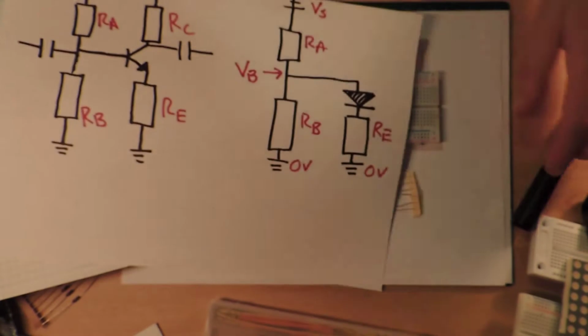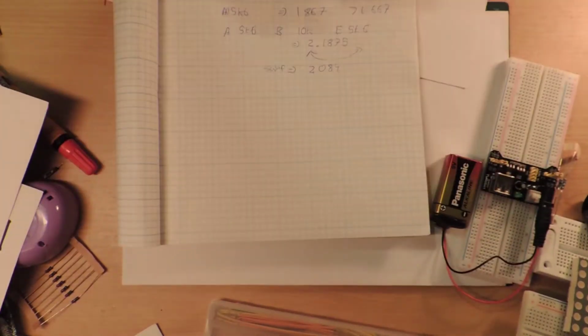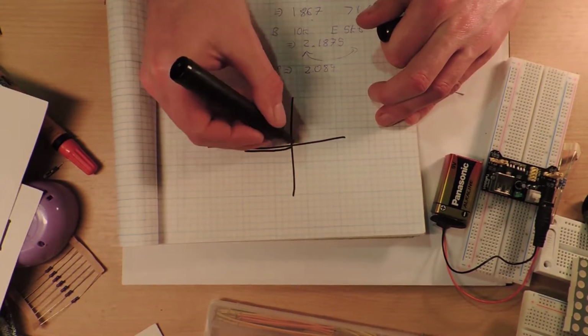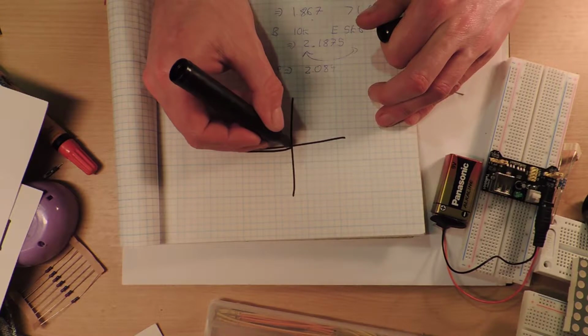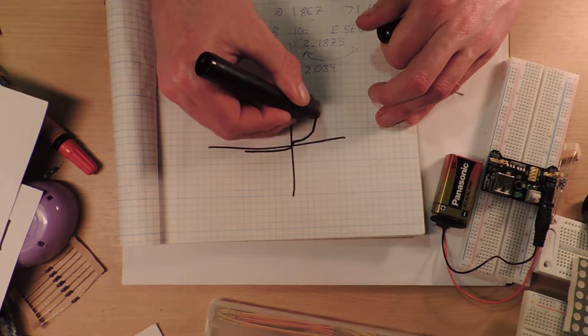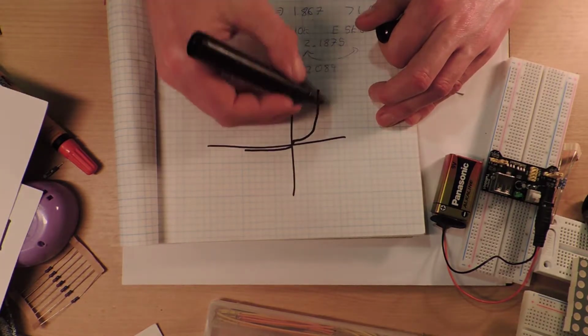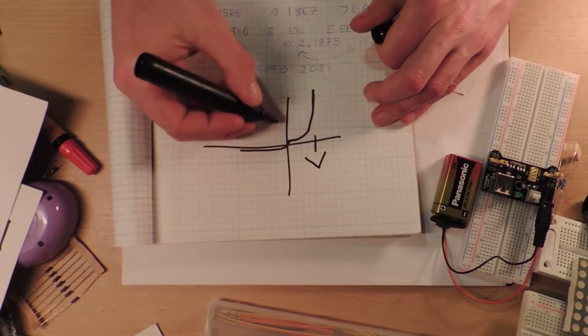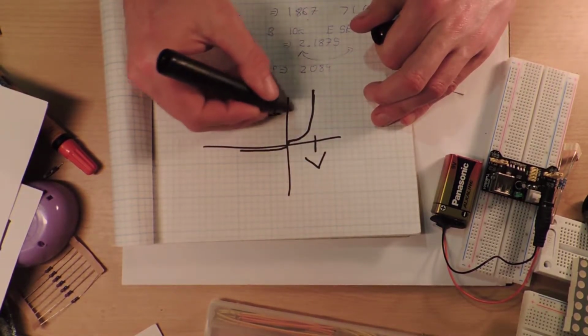I was going to draw a picture of what it looks like, but there's a little graph. I don't think I can do it upside down, to be honest. It looks something like, I think I got that the wrong way around. So this is the voltage V, and that's current.